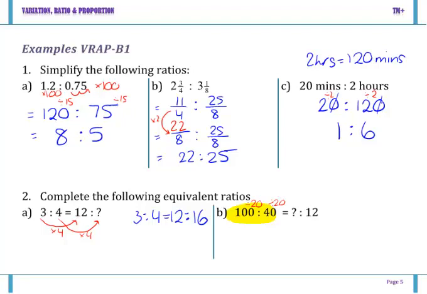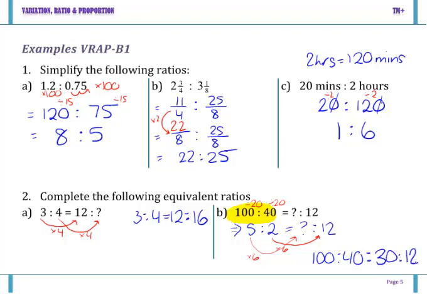So 100 divided by 20 is 5. 40 divided by 20 is 2. So we have 5 is to 2 is to question mark is to 12. Now you can say, well, 2 to that 12 I'm multiplying by 6, so I need to do the same to that 5. I need to multiply by 6. So 100 is to 40 is the same as 5 times 6, which is 30, is to 12.